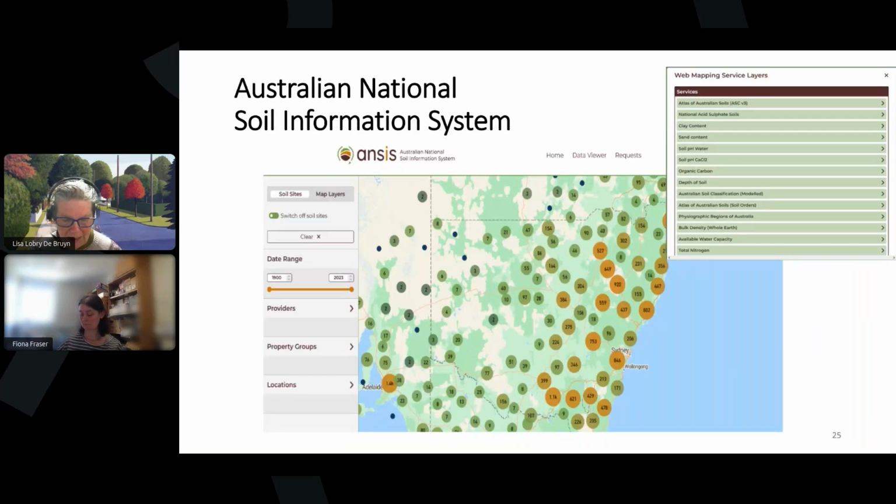So ANSIS, the newest version of the National Soil Information System, is interesting because it acts as a data warehouse. It doesn't actually hold any information itself. There will be some new information going into it at some point, but if someone's interested in some of these data points, they have to request them, and then depending on the data sharing arrangements, they will be accessed through the various portals of different states and then delivered to the client.